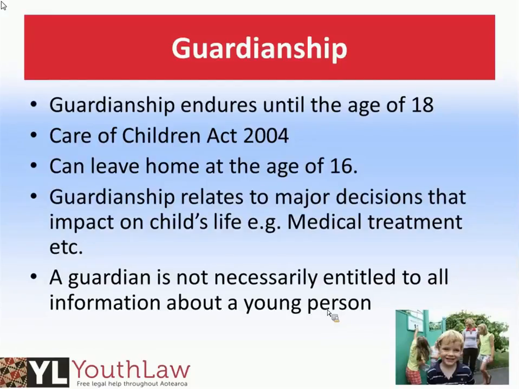Young people can, at the age of 16, choose to leave home, so they're deemed to be, in a sense, mature enough to make that decision. But guardianship might still be in place until the age of 18, but a young person might leave home at the age of 16 because they're deemed to have sufficient maturity and decision-making capacity at that stage.